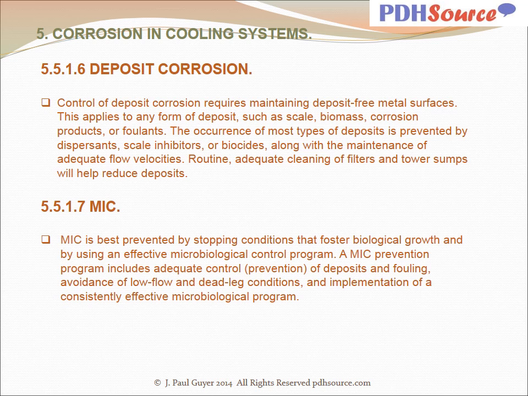MIC is best prevented by stopping conditions that foster biological growth by using an effective microbiological control program. A MIC prevention program includes adequate control of deposits and fouling, avoidance of low flow and dead-end conditions, and implementation of a consistently effective microbiological control program.